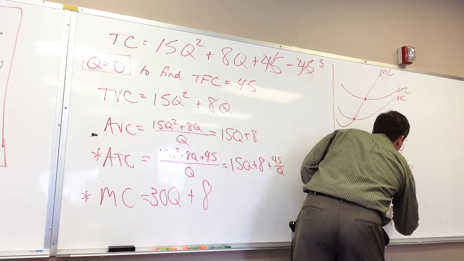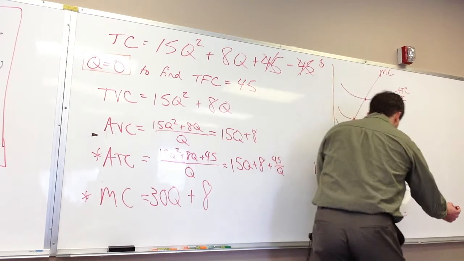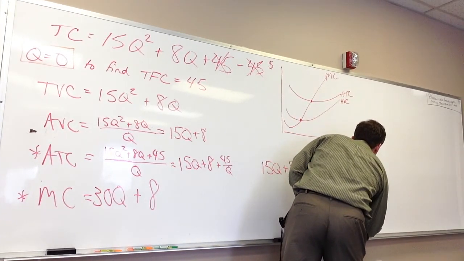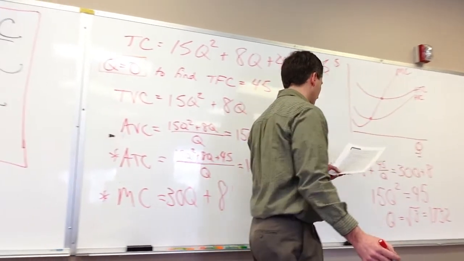Q equals the square root of 3, which equals 1.73, 1.732.